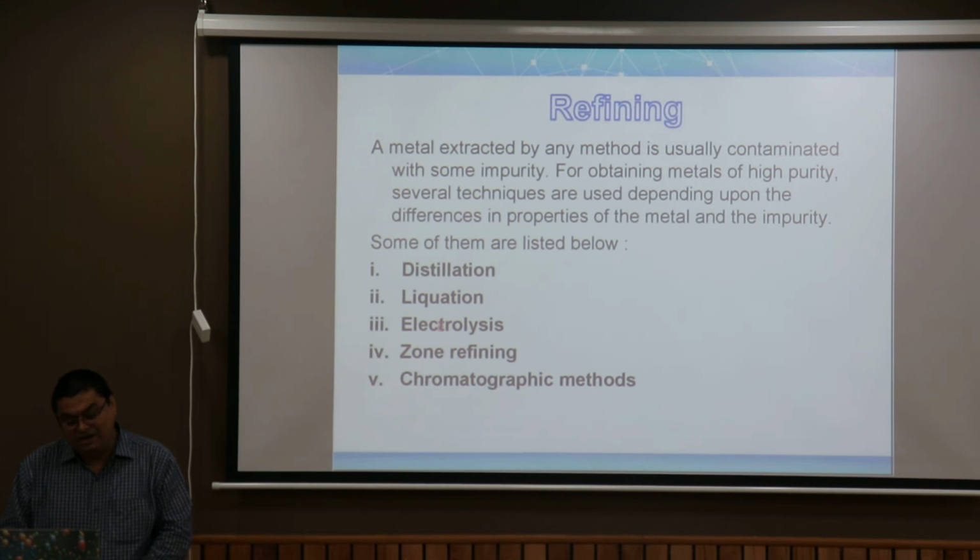Basically these different processes depend on physical nature, such as low boiling point, low melting point, highly reactive metals, or impurities being more soluble in the unwanted substance than in the pure metal, and the differential movement of certain metals in a particular type of solvent, which is the principle of separating these metals in such processes. So these are the basic things that must be known for the metallurgical processes.